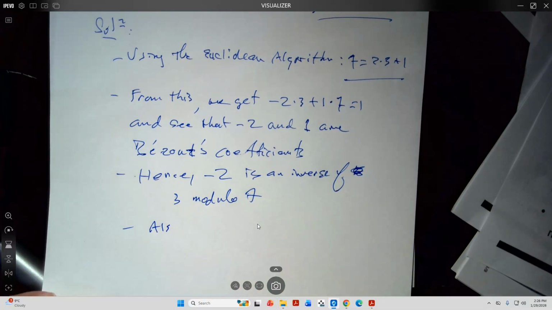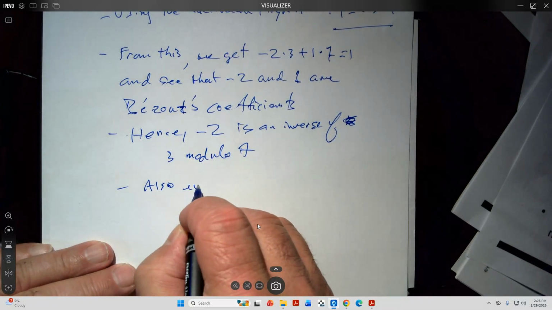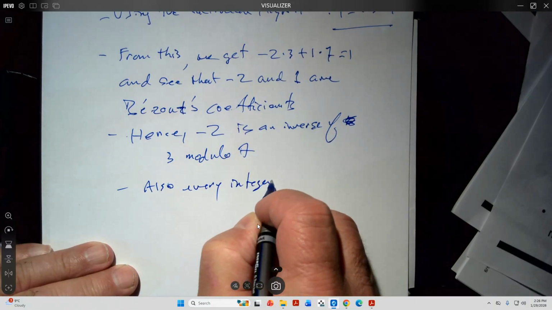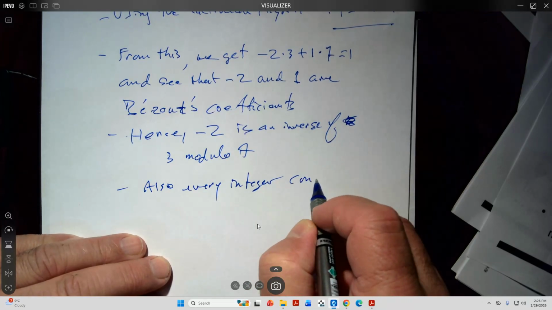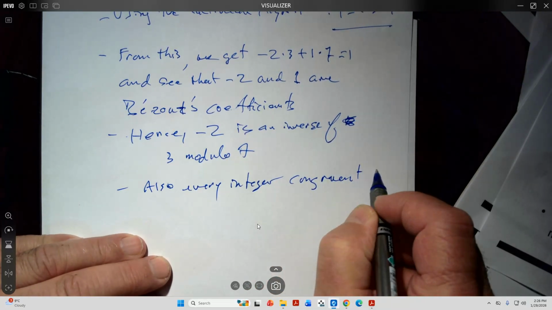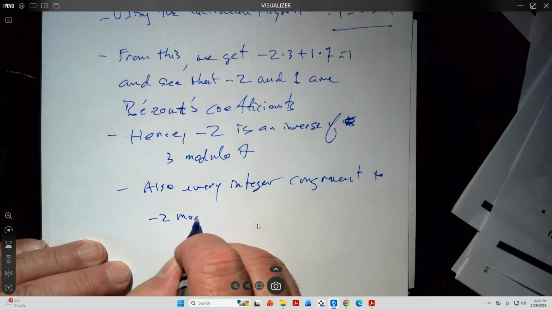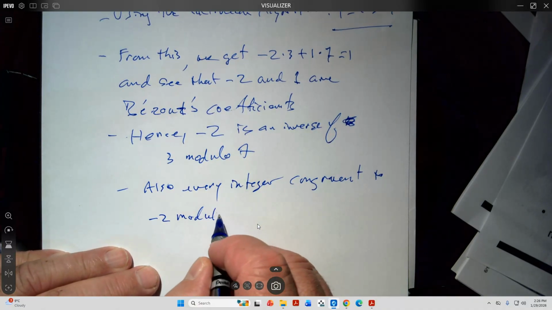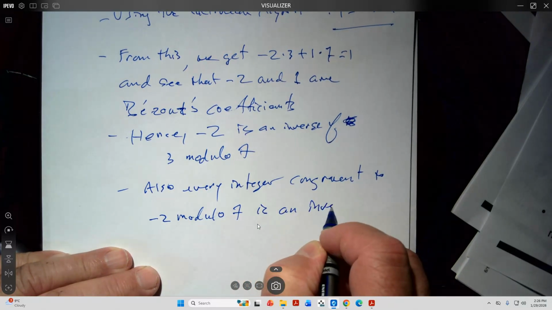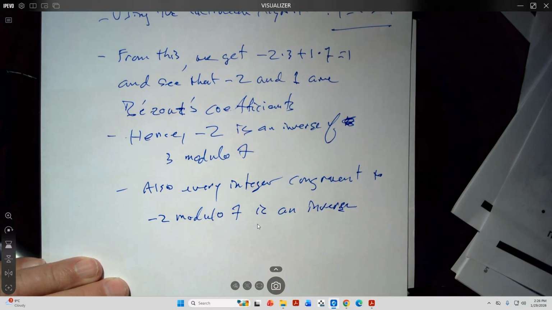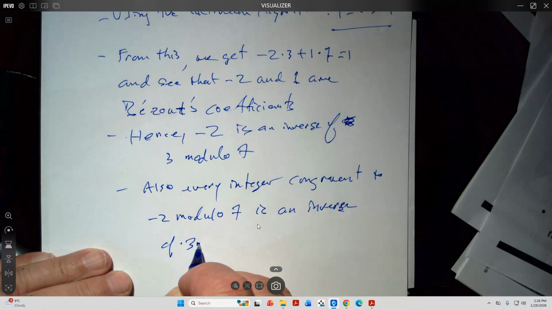Also, we can say every integer congruent to minus 2 modulo 7 is an inverse of 3 modulo 7.